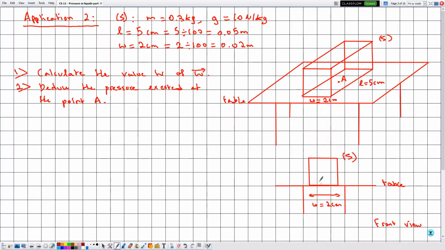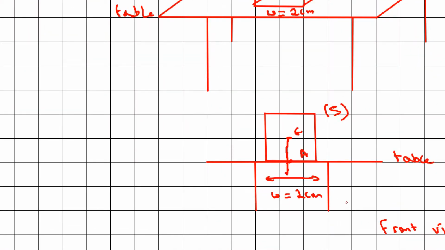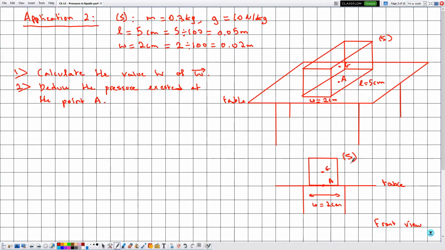Now the point A in this case is located here, and let's suppose that this is the point G, the center of gravity of S, so the point G will be here, somewhere here. So in this case the weight acts vertically downward like this. And notice that the point A is the point of contact between the solid and the table. So we need to answer the following questions.